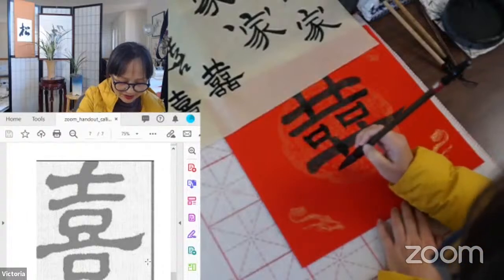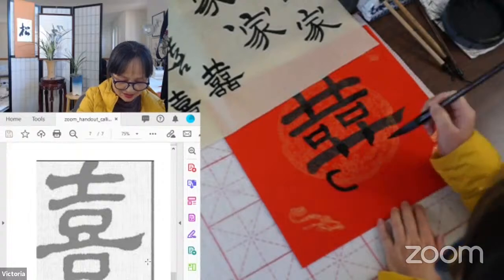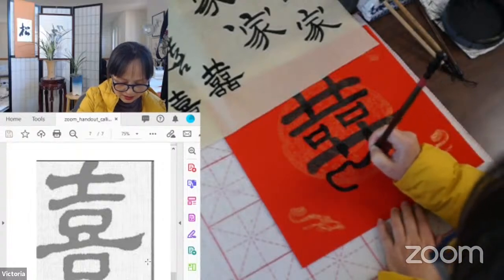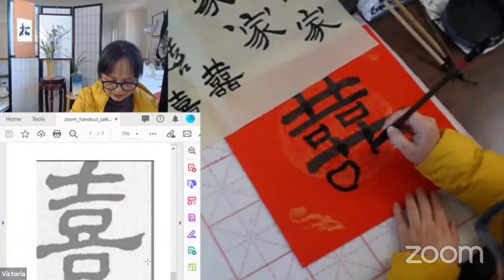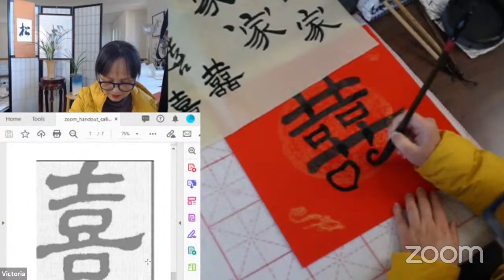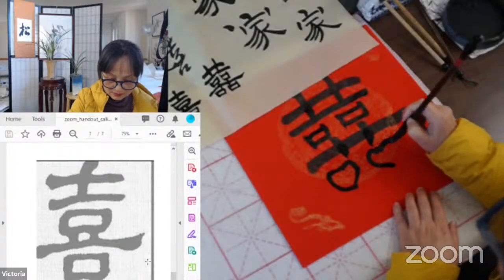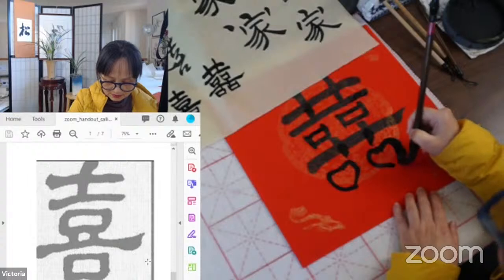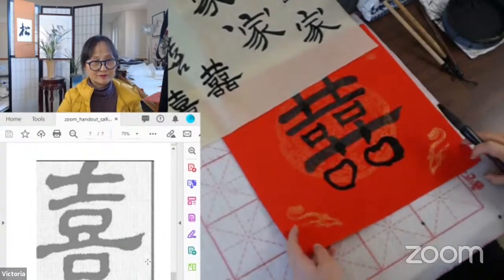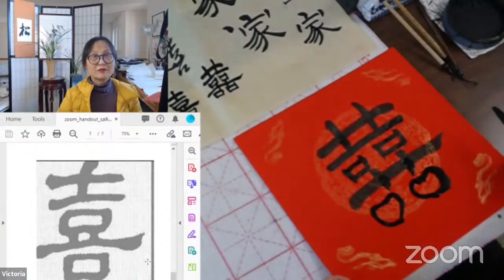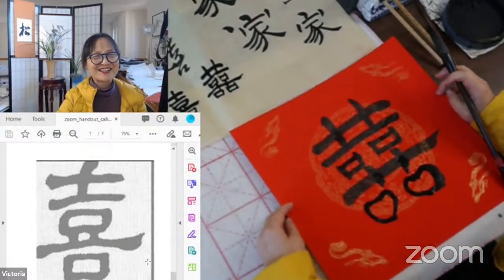They do two hearts. However, this is the image, right? So I saw some people design it like that. That's very, very nice.